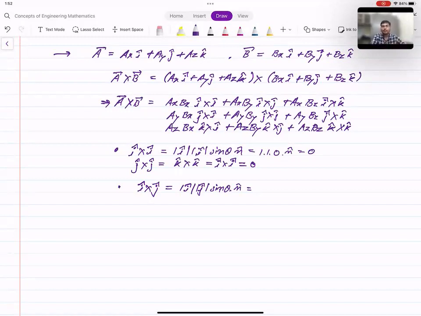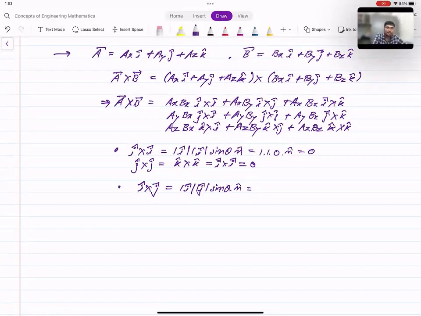The direction of the cross product should be such that the vector formed is perpendicular to both the vectors of which it is the product. For i and j, k is the vector perpendicular to both of them.